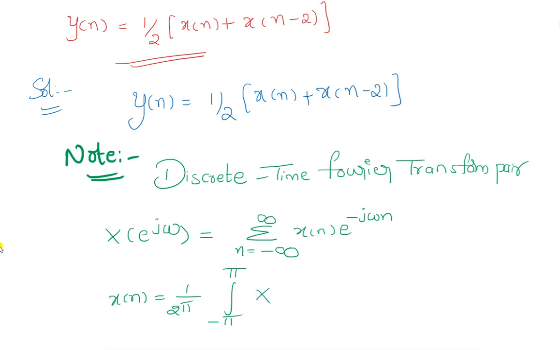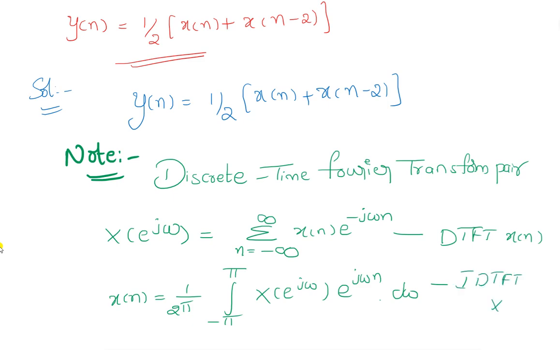X of e to the power of j omega into e to the power of j omega n into d omega. Where X of e to the power of j omega is the discrete time Fourier transform, DTFT, of x of n, and small x of n refers to the inverse discrete time Fourier transform of X of e to the power of j omega.